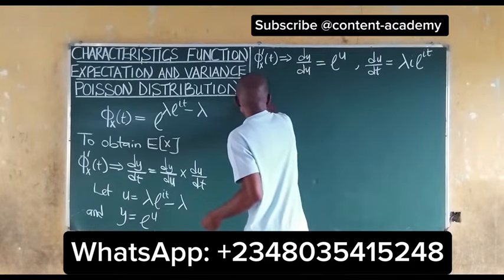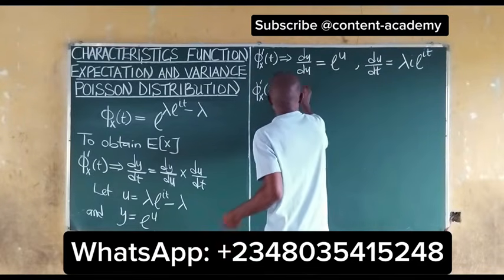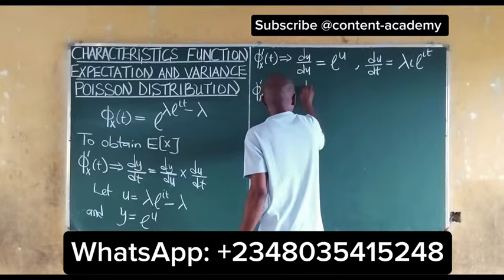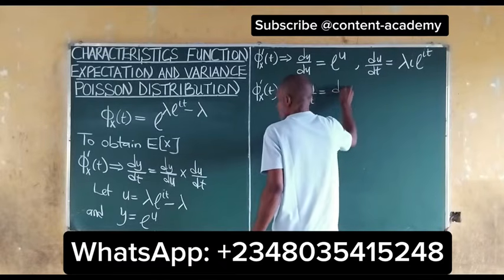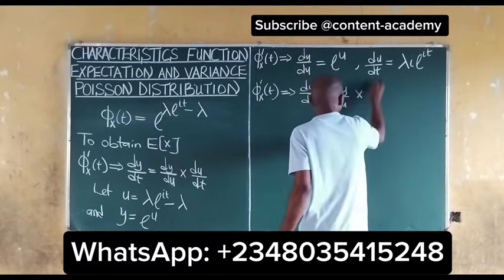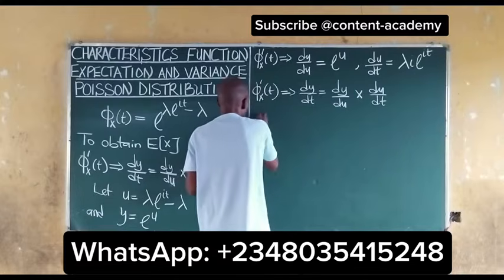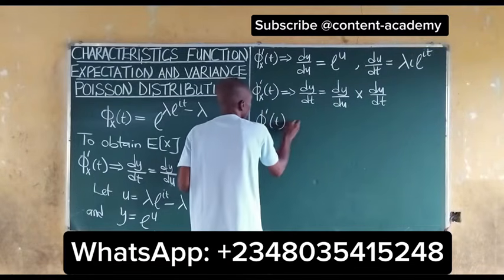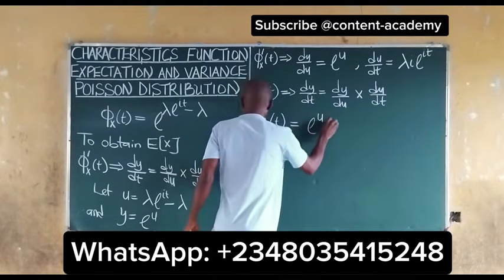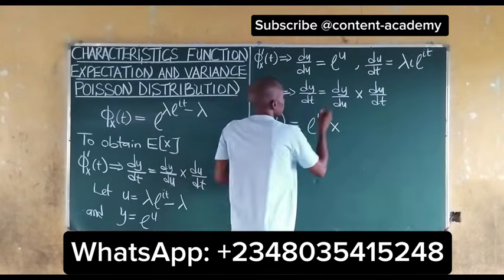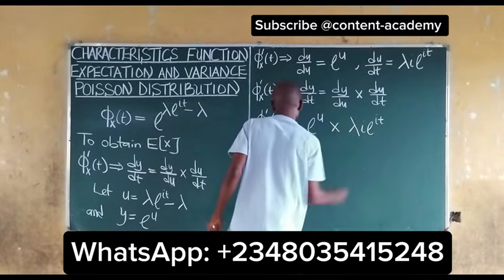So our derivative of the characteristic function is dy/dt, equal to dy/du multiplied by du/dt. The dy/du is exponential u, multiplied by du/dt, lambda i exponential it.